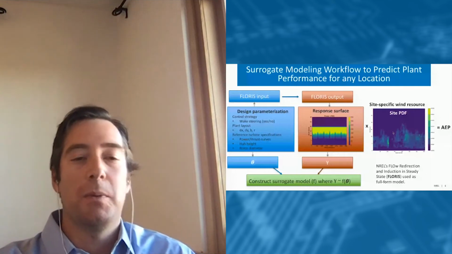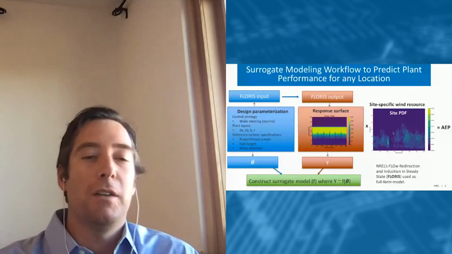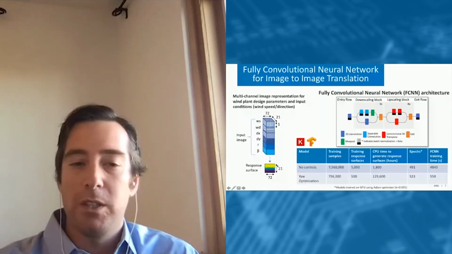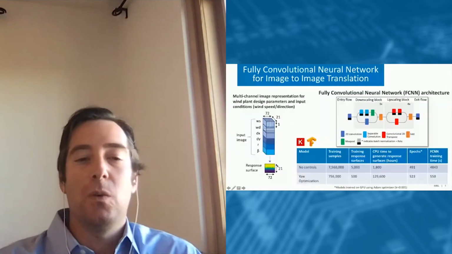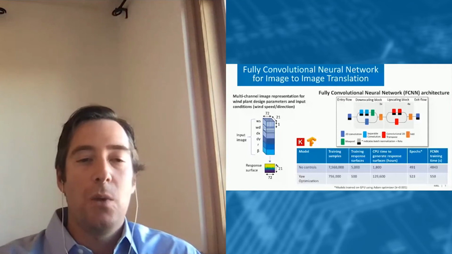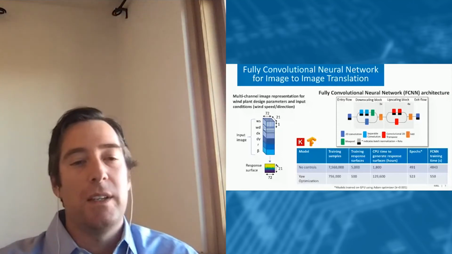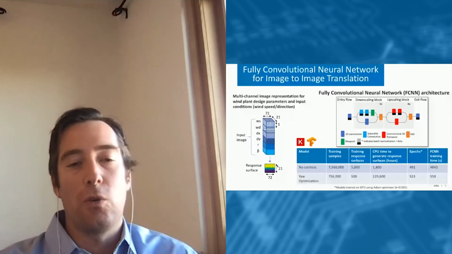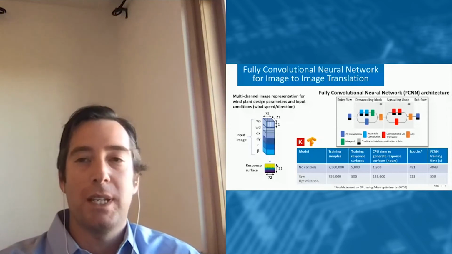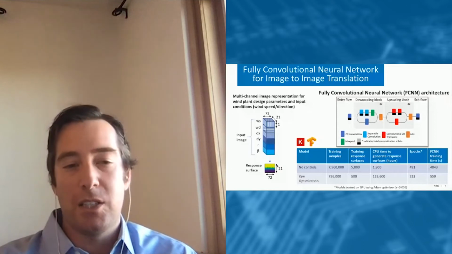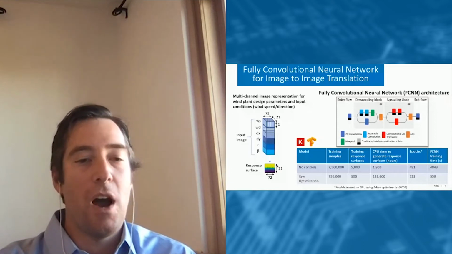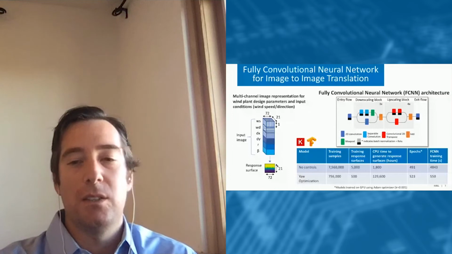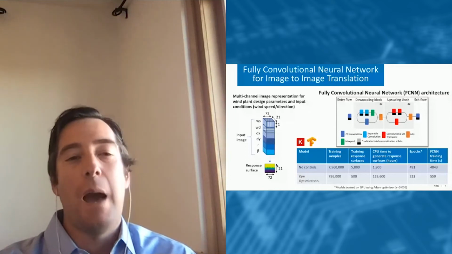So if you look at the response surface on the bottom left, its dimensionality, it's got 21 wind speeds and 72 wind directions. And we can see that there are troughs there. So although there's largely a vertical gradient in terms of the power that's produced at higher output, we see that because of these wake effects, we get troughs in the response surface. And so it's these troughs that we really want to capture.